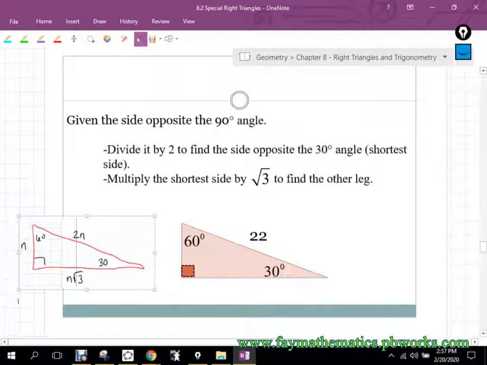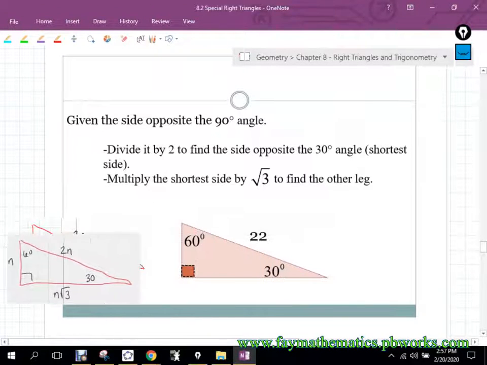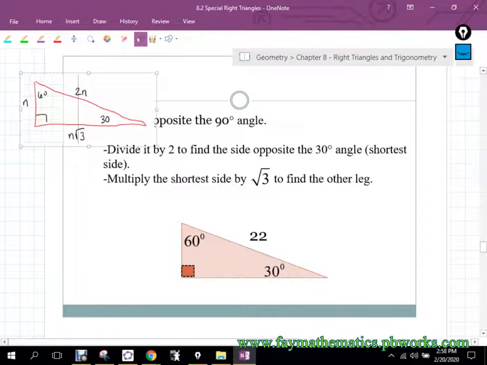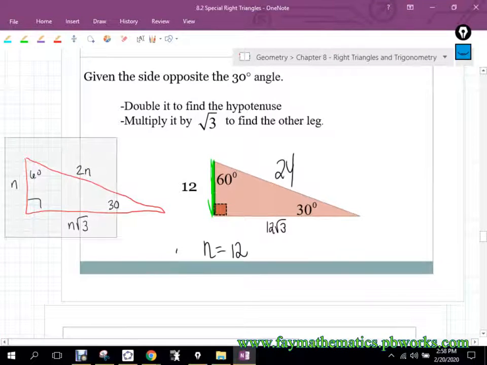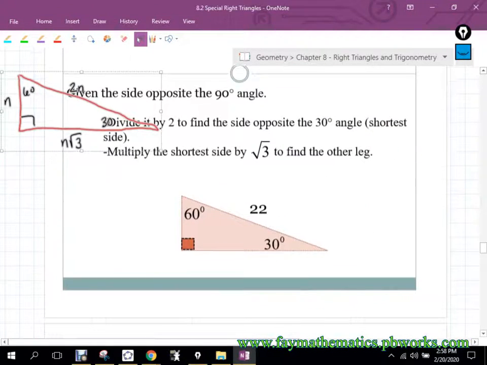Okay. So I've got my 30-60-90 here. When I overlap them, that's terrible. This program doesn't allow, for some reason, cut and paste to work real well with things that I've written.